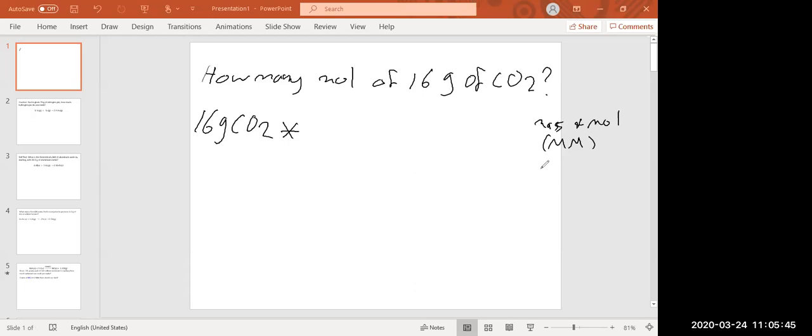If we have number and mole, we will use the Avogadro's number. Avogadro's number is 6.02 times 10 to the power 23. Don't forget that number.